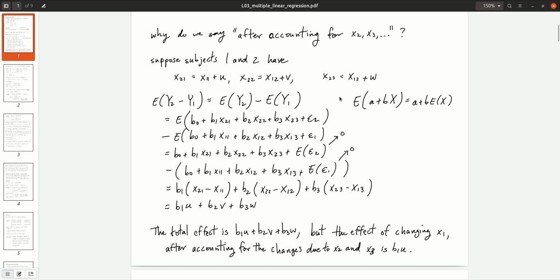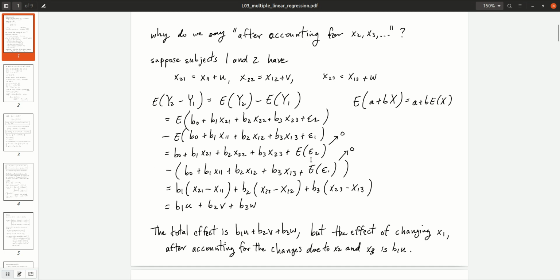And using this linearity property, what this means is if we have expected value of a non-random number a plus a non-random number b multiplied by a random variable, this becomes a plus b times the expected value of the random variable. So here we have a bunch of non-random stuff plus 1 times epsilon 2. So this becomes the non-random stuff plus expected value of epsilon 2, minus the non-random stuff for the first subject plus expected value of epsilon 1.